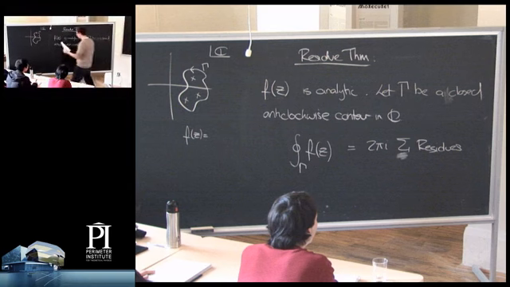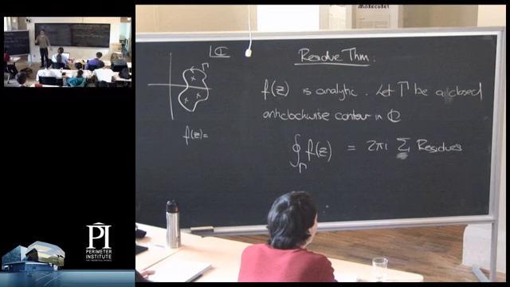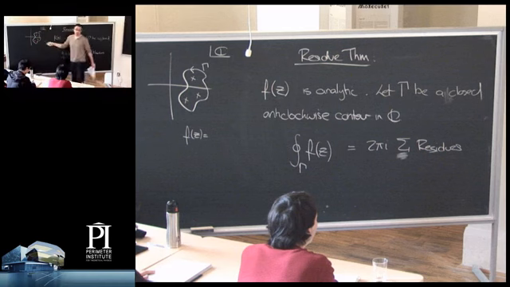The residue theorem states that the integral around gamma of f of z is 2 pi i times the sum of residues that are sitting inside this contour. Residues, roughly speaking, are places where the function f blows up inside here. So they're singularities, and they're of a very specific type.